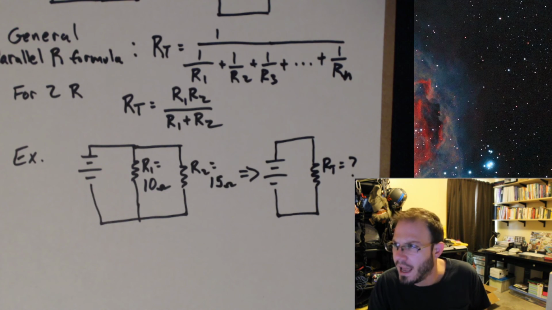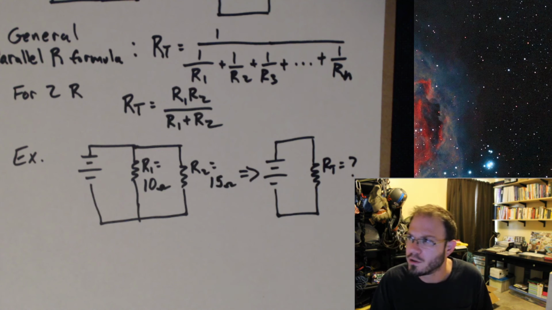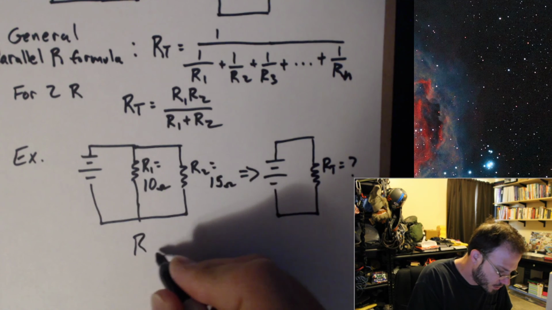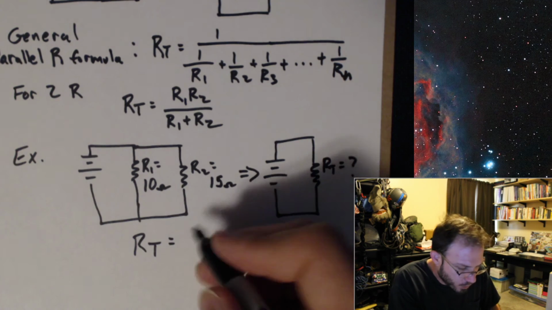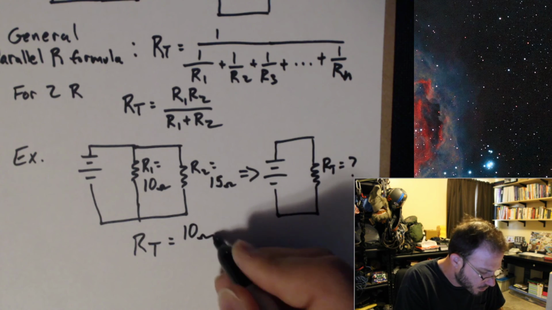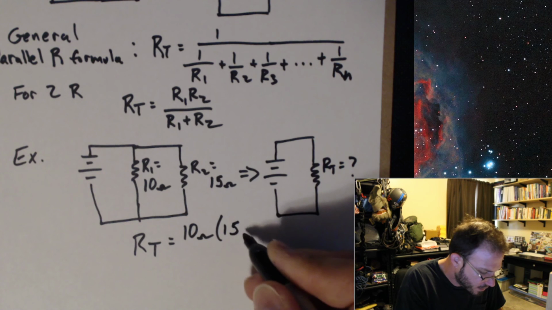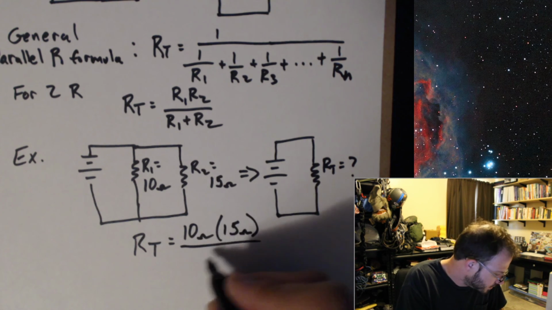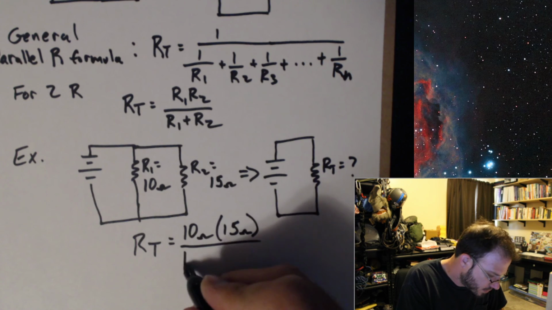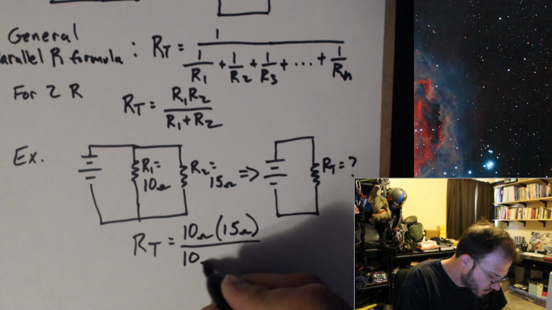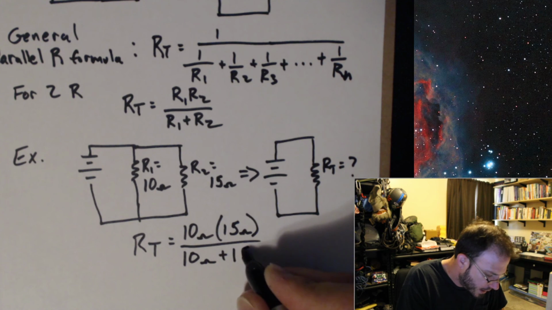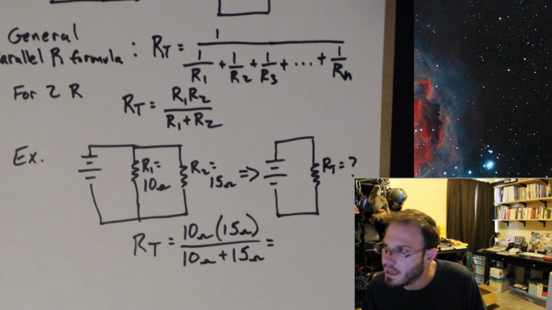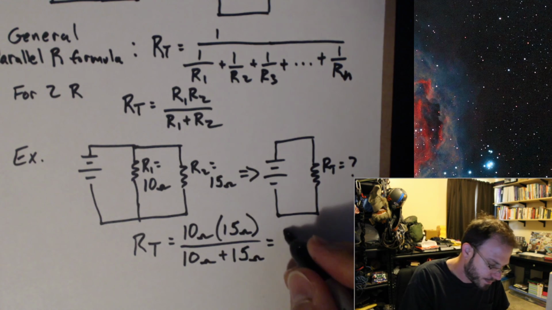Of course. So I can create one equivalent resistance, or a total resistance, which is equal to 10 times 15 divided by 10 plus 15. What does that end up being equal to? 6 ohms.